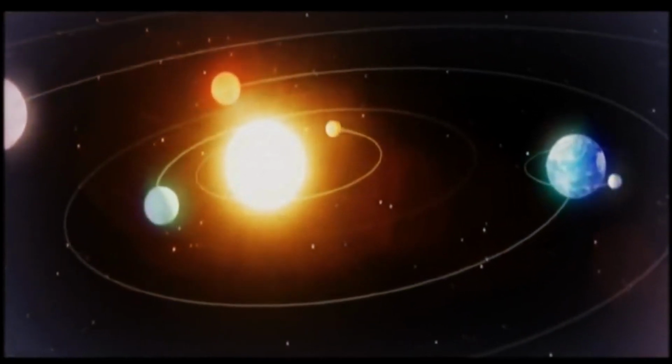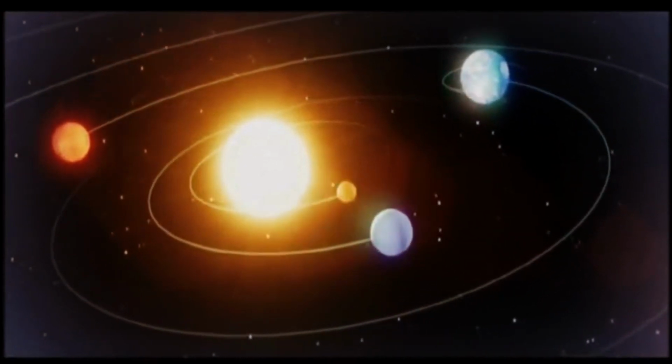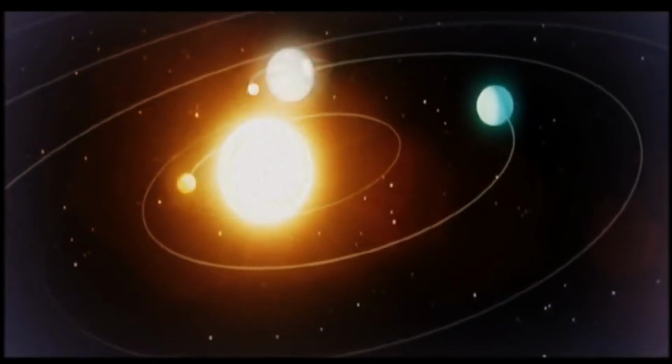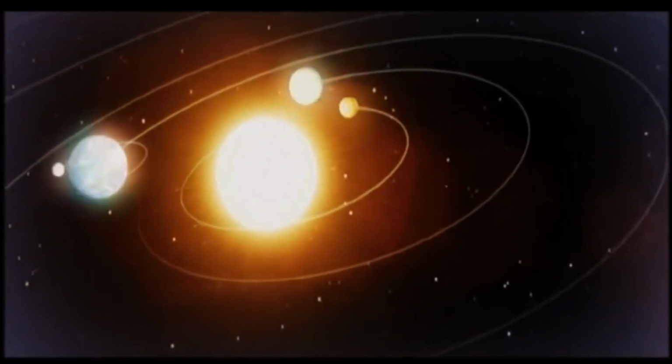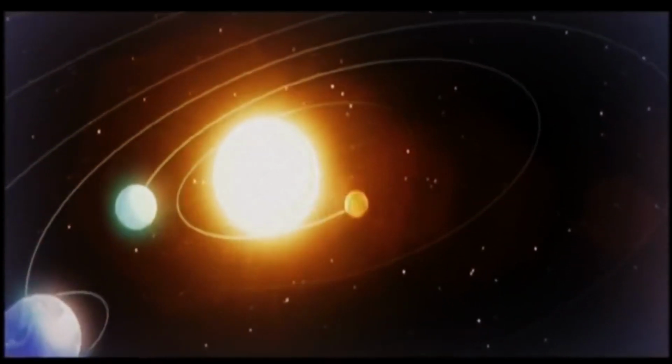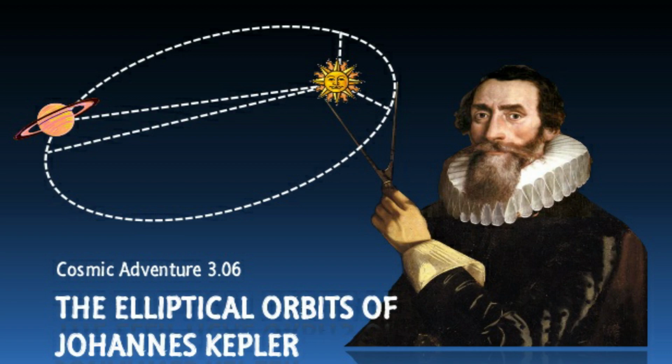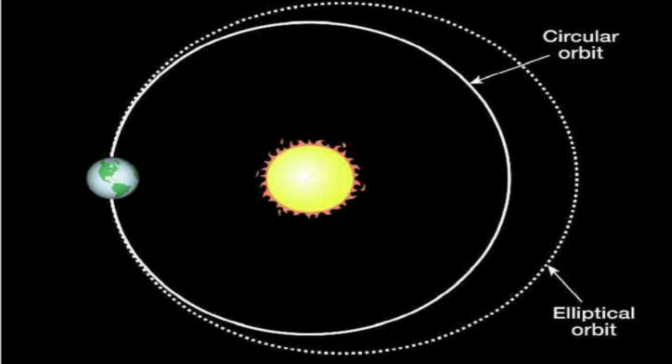His work led to further advances by others, and particularly by Isaac Newton, who was born in the year that Galileo died. German mathematician and astronomer Johannes Kepler had proposed the planets travel around the sun in elliptical orbits, rather than circular ones.